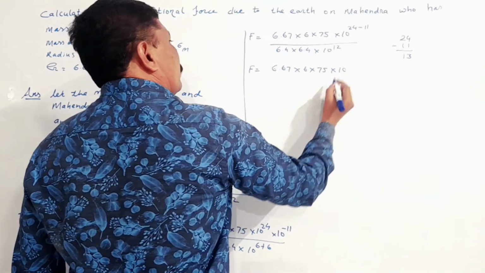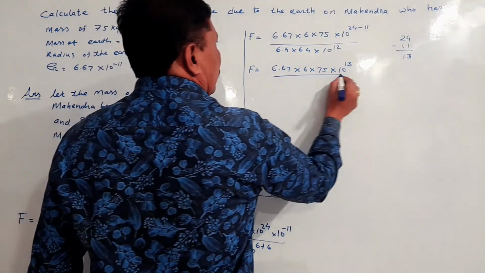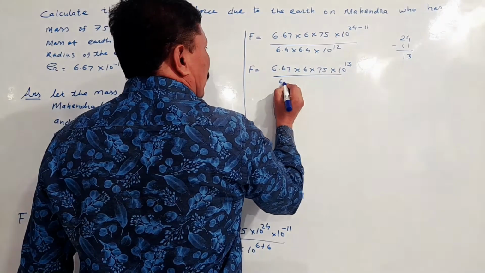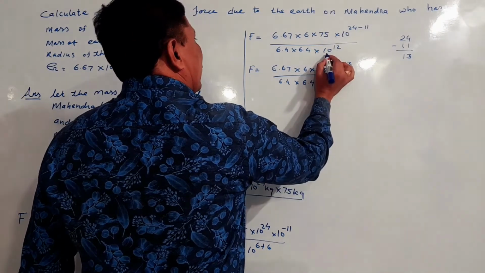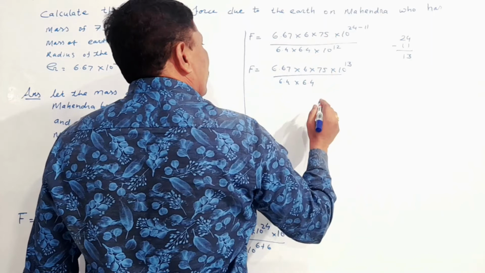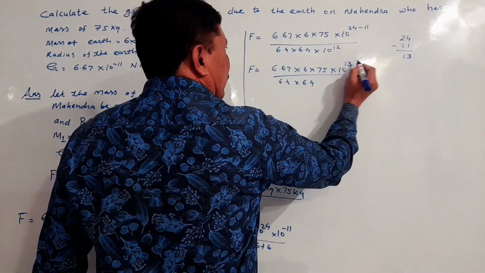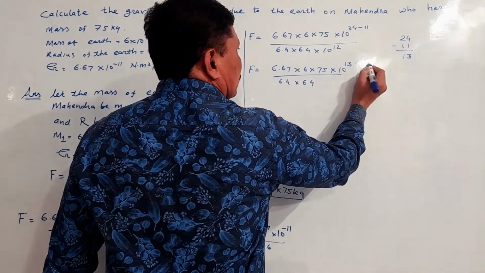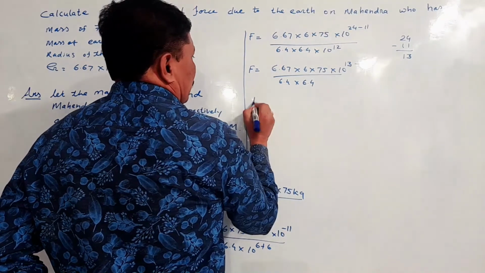So we get 10 to the power 13. We'll write 6.4 into 6.4 as it is, and 10 to the power 12 will take in the numerator. So we can write 10 to the power 13 minus 12. 12 we have taken in the numerator.